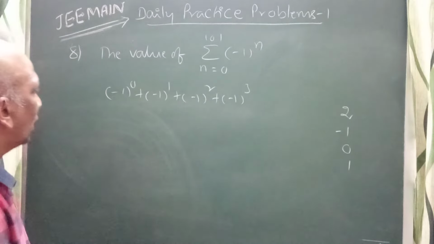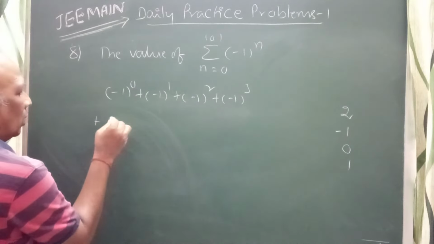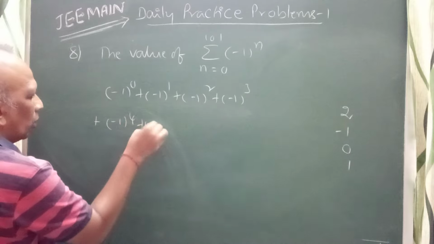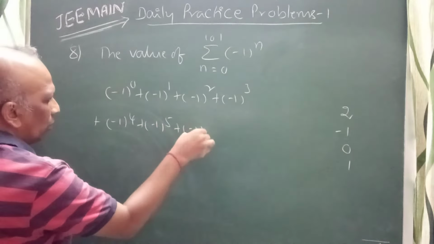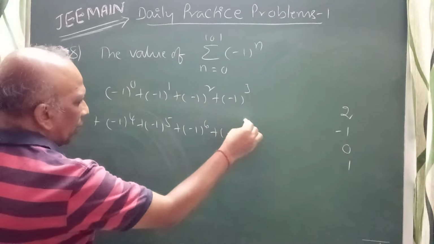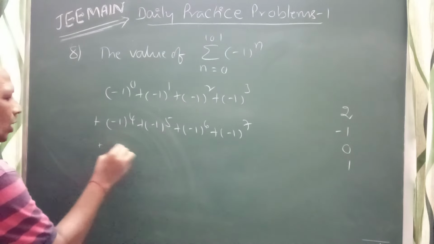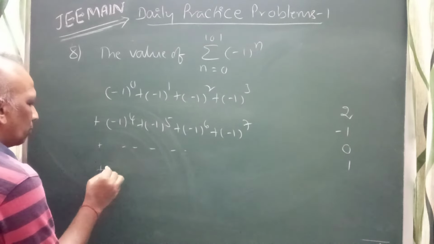So I can continue like this, plus minus 1 whole power 4, minus 1 whole power 5, minus 1 whole power 6, minus 1 whole power 7, and so on. I can extend like this.